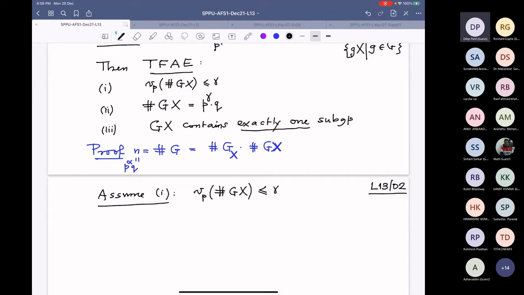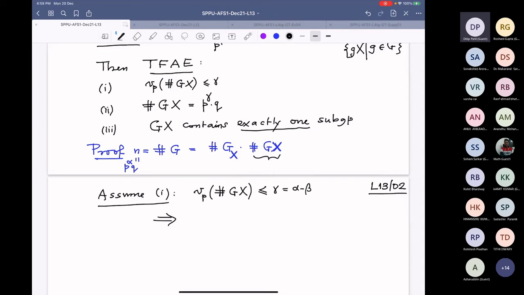That is, the highest power of P which divides this number is less equal to gamma. And for this product, that highest power is alpha. Remember, gamma is alpha minus beta.